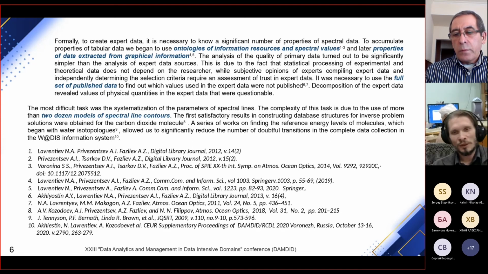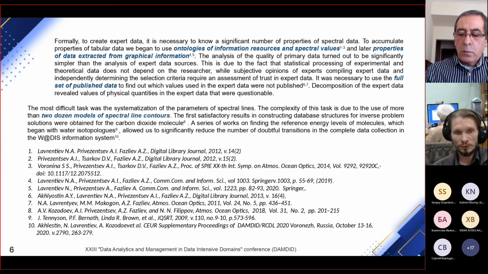And then the different stages of work, finding the reference energy levels of molecules, beginning with water isotopologs, allowed us to significantly reduce the number of doubtful transitions in the complete data collection in our system.